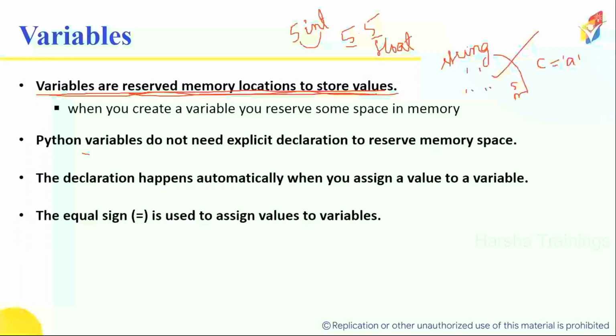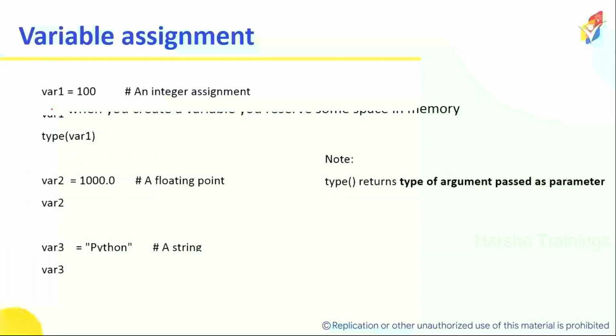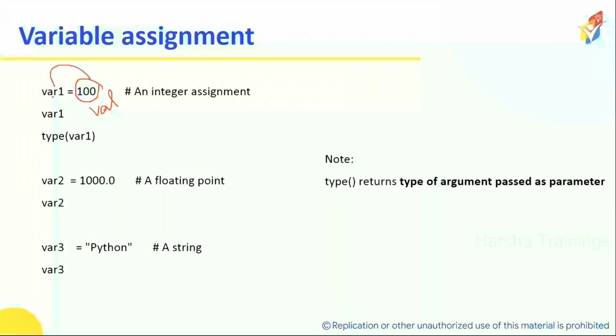Now, let me discuss with a simple example. Look at here. I wanted to store a value 100 in a memory location called variable 1. Now 100 is called the value and variable 1 is called the variable.